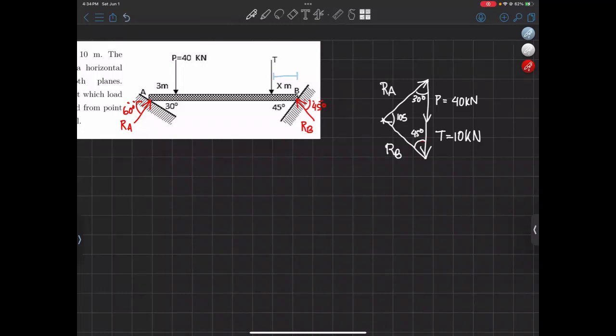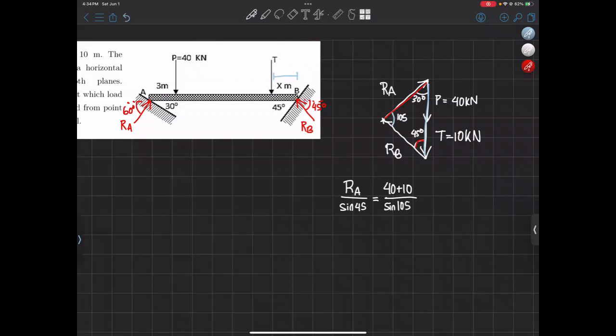So what we can do is law of sines, angle, and opposite side. Let's say we're finding RA. So RA over sine 45 is equal to 40 plus 10, which is this side, over sine 105.